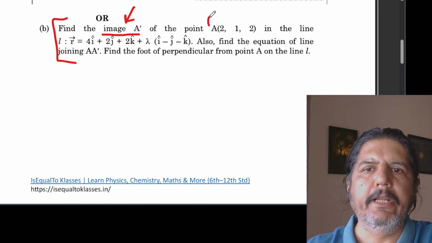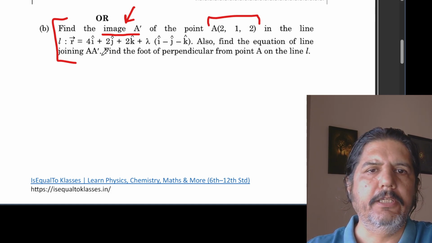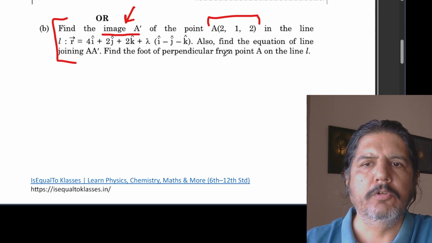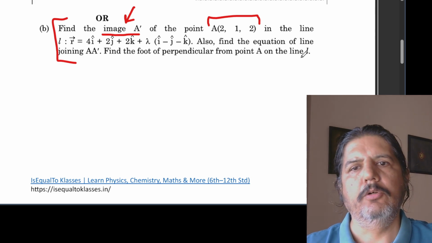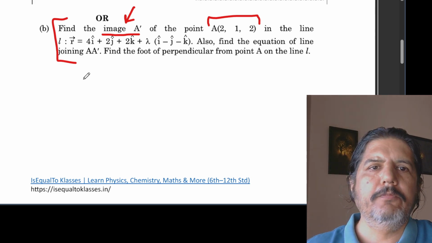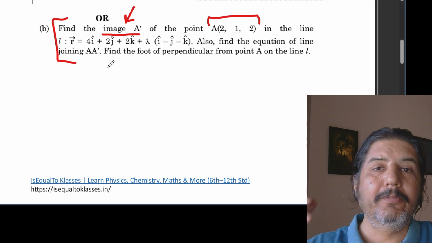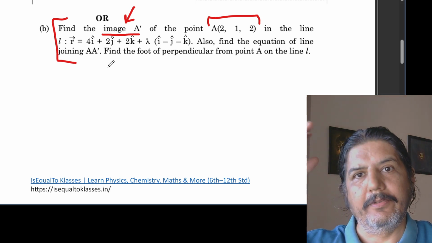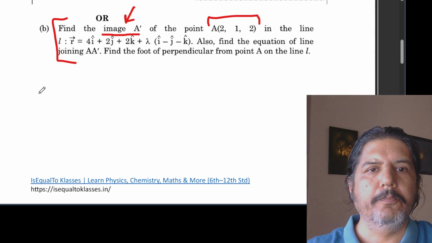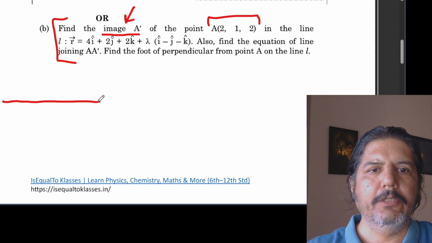Find the image A dash of the point A (2, 1, 2) in the line r equals 4i plus 2j plus 2k plus lambda times a vector. Find the equation of the line joining A A dash, and find the foot of the perpendicular from point A on the line. Now, as I discussed before, it's always advisable to draw a rough diagram, especially in 3D.